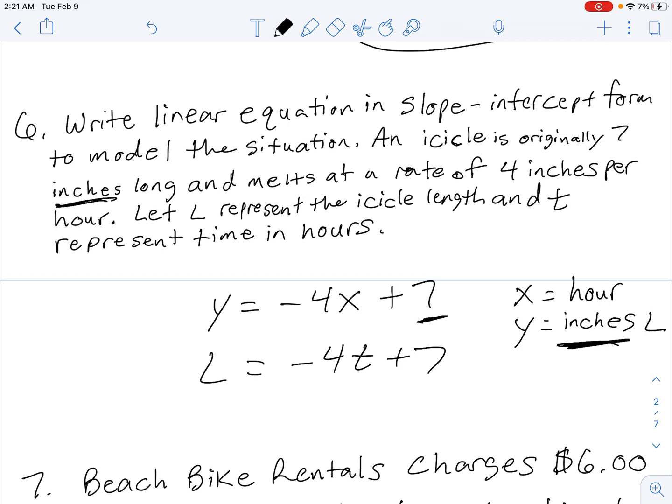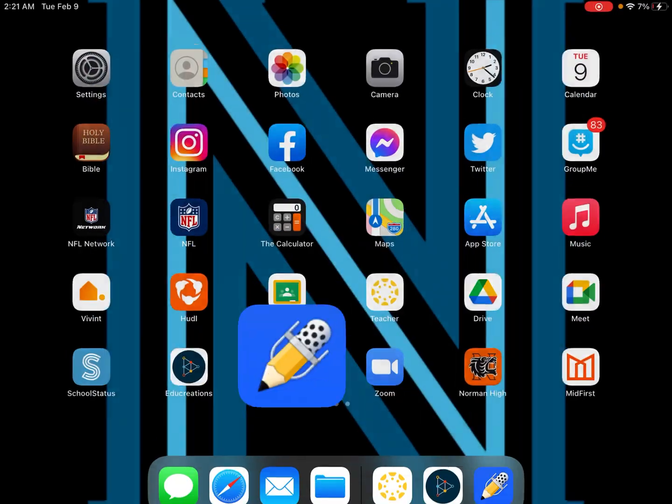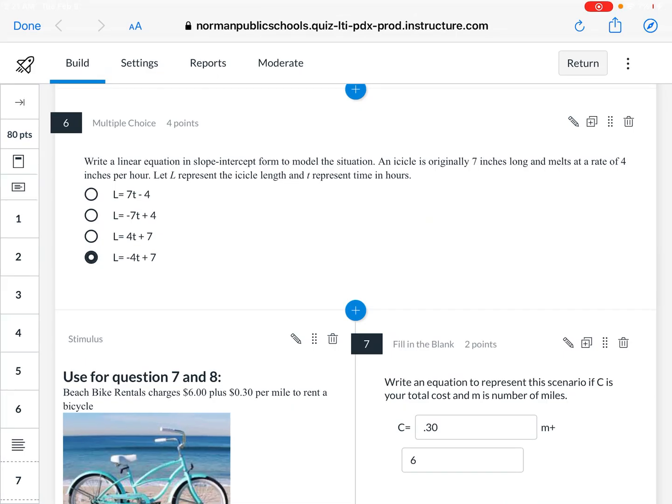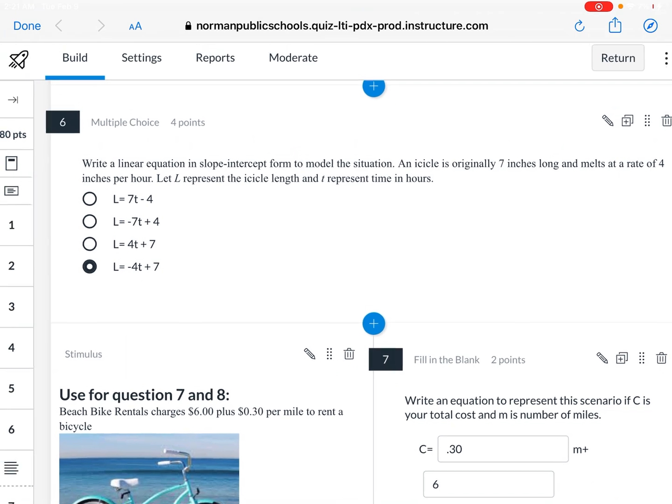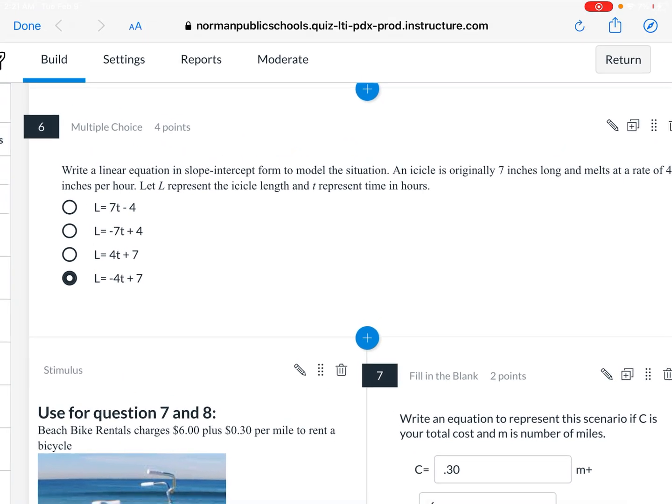Because if length is in inches and then T is in time, obviously that's the way that it's going to go. And then if you scroll back, obviously this is our answer right here. L equals negative 4T plus 7. And then we go back right here.